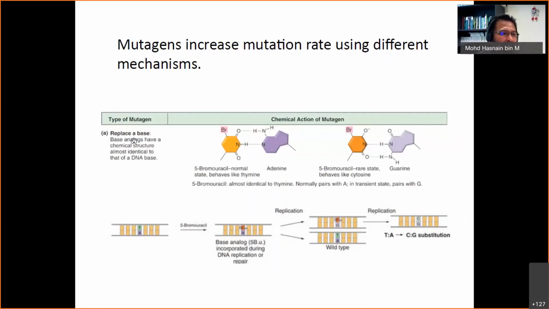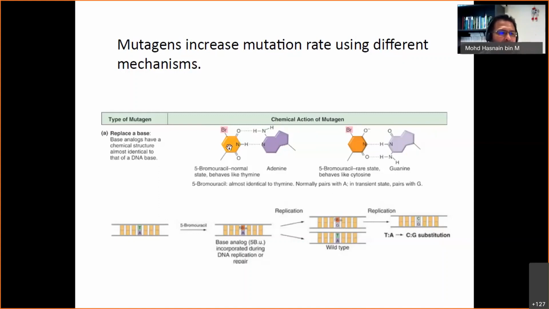Base analogs have a chemical structure almost identical to a DNA nitrogenous base. Bromouracil, BU, is almost identical to thymine, which can pair with adenine.